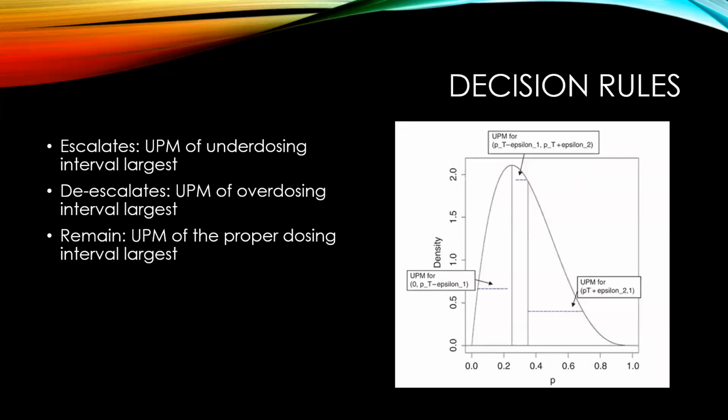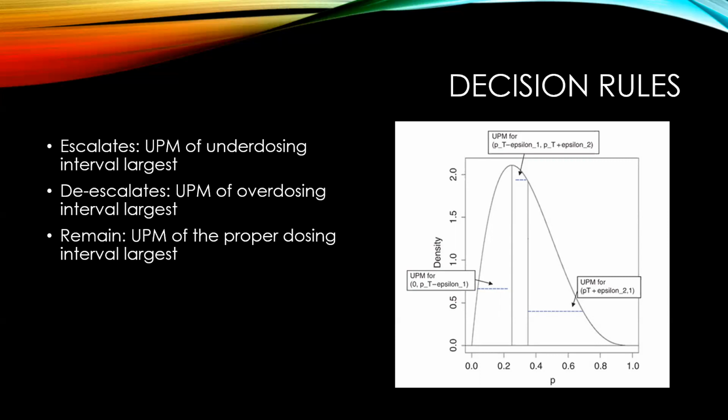So here, looking at this figure, we can see our equivalence interval defined right here. Sorry, I know my mouse is on the screen. It's right between 0.2 and 0.4, and then we have the underdosing interval on the left between 0 and 0.25, and the overdosing interval between about 0.35 and 1.